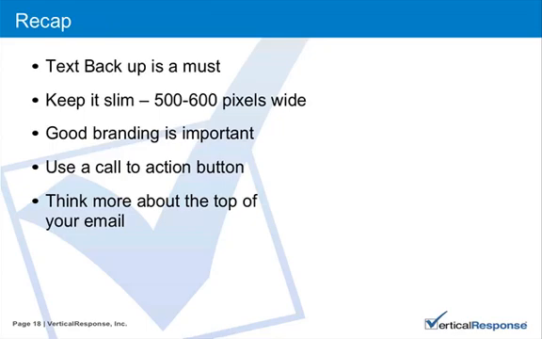Branding is very important for your emails in mobile phones, so make sure you have a good logo, and even if the logo is being blocked, your alt text says who you are. Use call to action buttons, and again, remember the top of your email is going to be really important for the people receiving your email and reading it on a mobile phone.